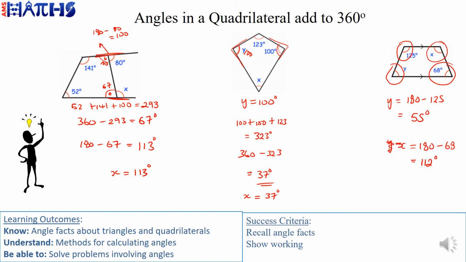If we add those four angles up to test if we're correct, we'll get 125 plus 68 plus 55 plus 112, and that should give us 360 degrees. So we have done the correct calculation.